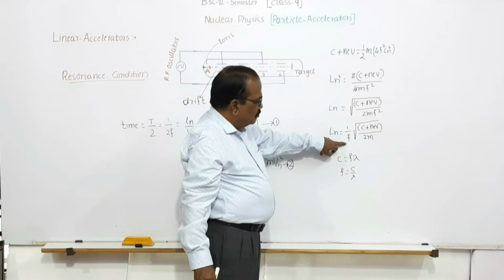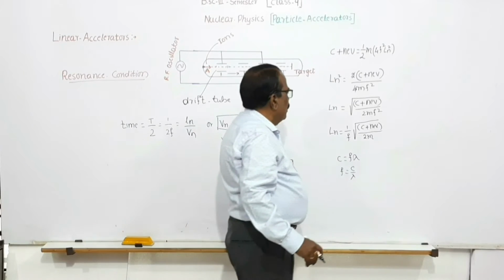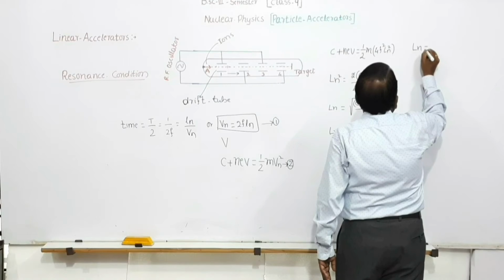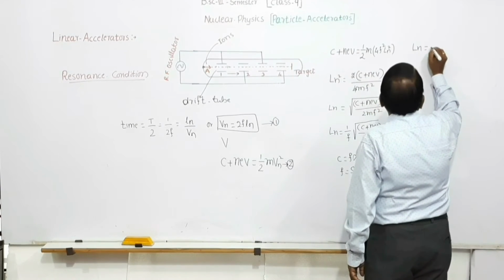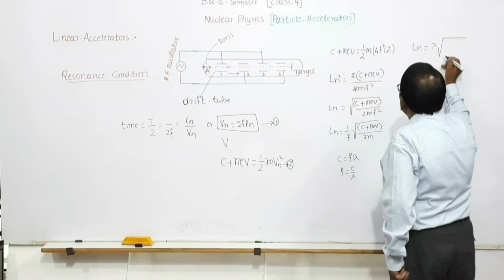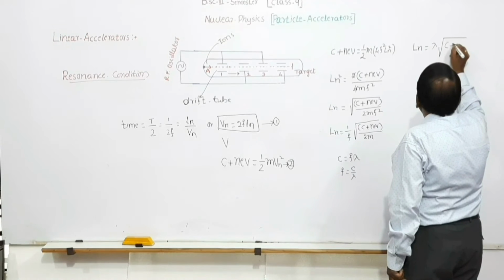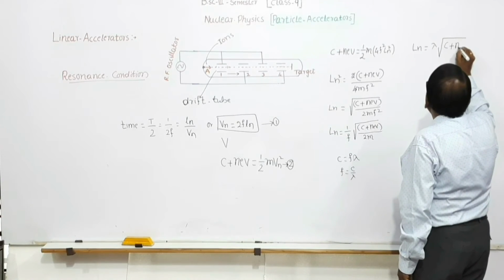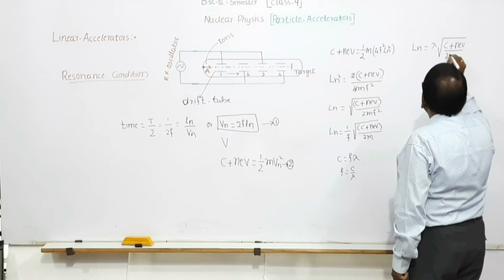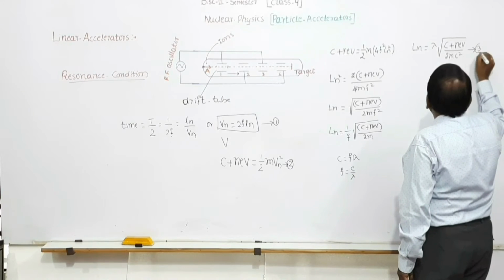If you substitute for f and take c inside, your Ln is equal to lambda into square root of C plus NeV upon 2m c square. Call this equation 3.